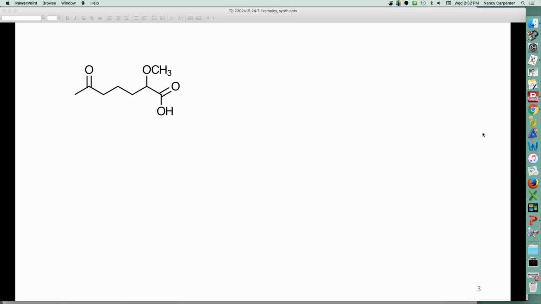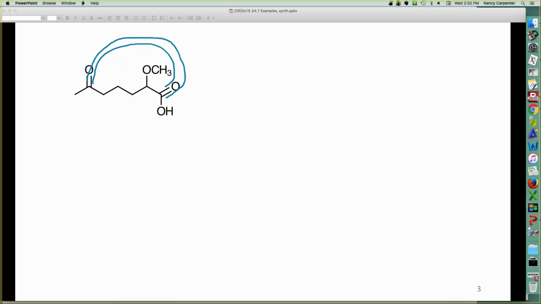Here's my target. Am I going to look at that and think, ozonolysis? Well, maybe not at first, but you really should think about ozonolysis as a possibility here, because it's really quite straightforward if you just think about the reverse of ozonolysis. I'm just going to put those two oxygens back together again.